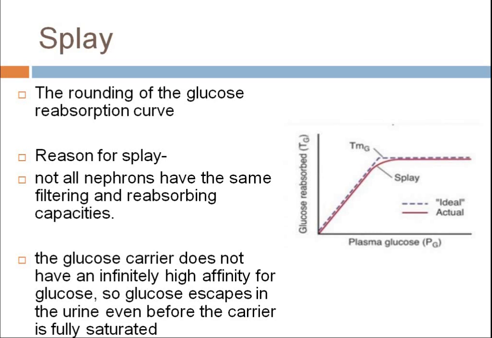Some get saturated earlier, some get saturated late. Secondly, all the carriers do not have a high affinity for glucose. Some do not function that effectively, and the glucose is not fully reabsorbed from them. So due to these variations, there is a splay in this curve.